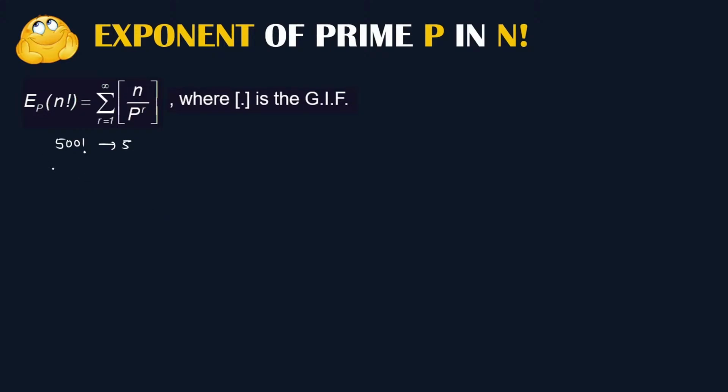So first of all, 500 factorial can be written as 1 into 2 into 3 into 4 into 5. This thing goes on. Some 10 will come, then 11. Again 15 will come, then 16. Again 25 will come, 26, 30.